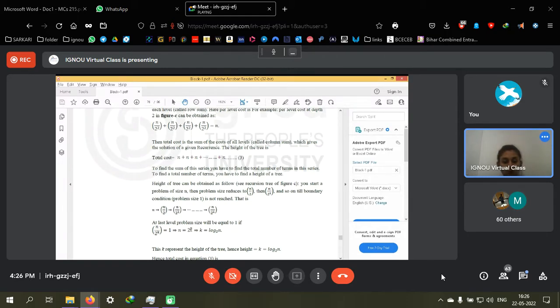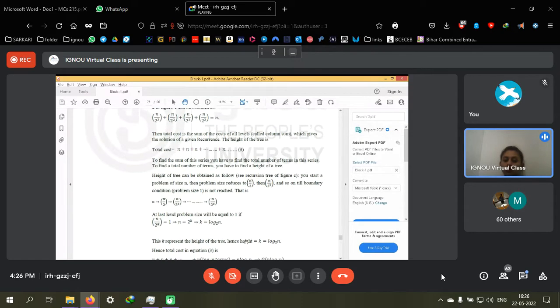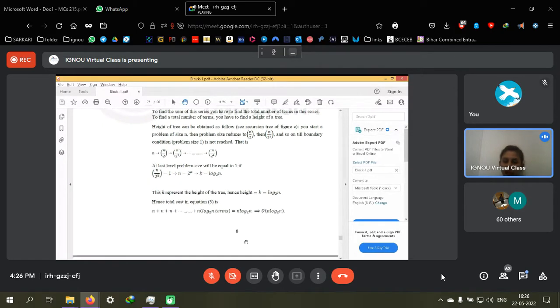Log 2 is equal to 1, so you will get k is equal to log base 2 of n. So it is the height of the tree. The total cost is level cost multiplied by height. So each level cost is n and the height is log n. So this is the complexity of this recurrence.